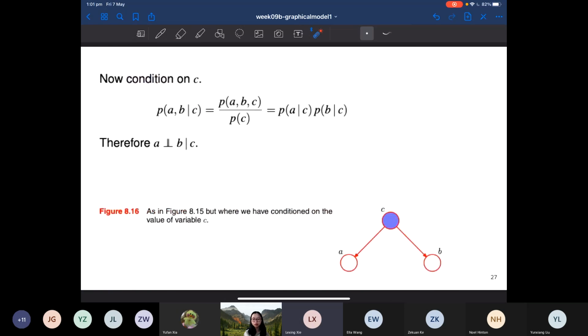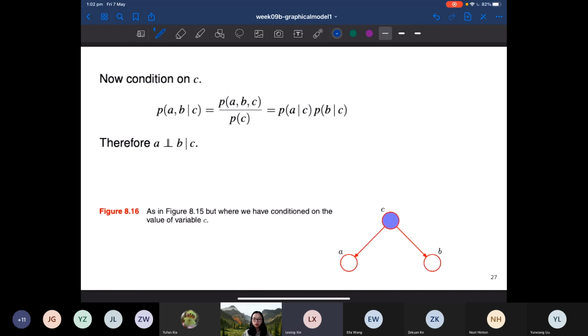Now, if we condition on C, we now wonder if P of A and B given C can factor into A given C times B given C. This is true because of this middle term.